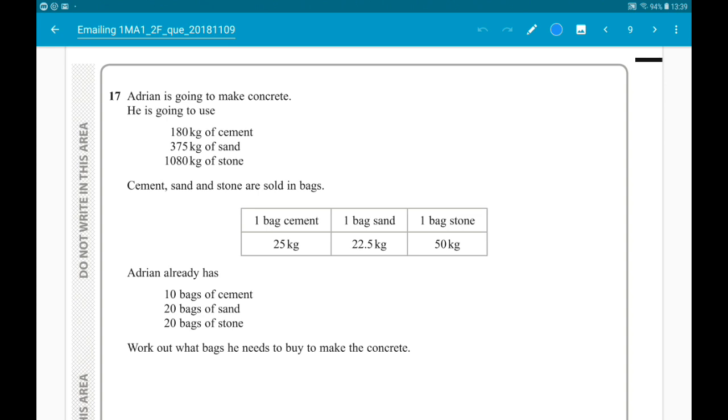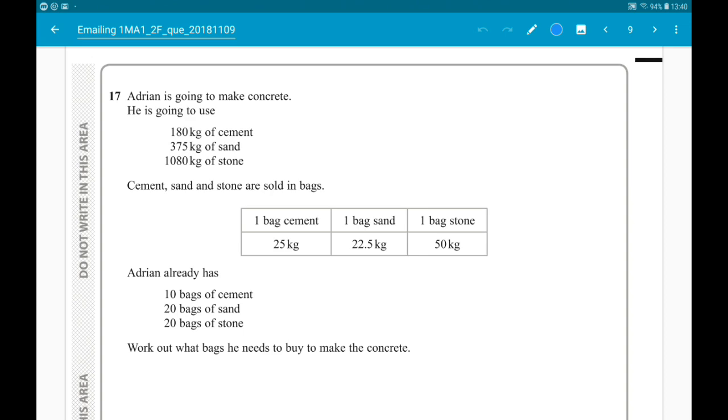One bag of cement is 25 kilograms, a bag of sand is 22.5 kilograms, and one bag of stone is 50 kilograms. Adrian already has 10 bags of cement, 20 bags of sand, 20 bags of stone. We want to work out what bags he needs to buy to make the concrete.